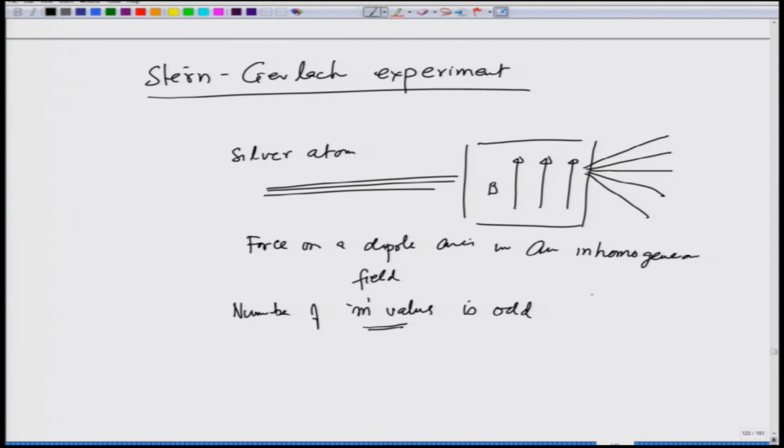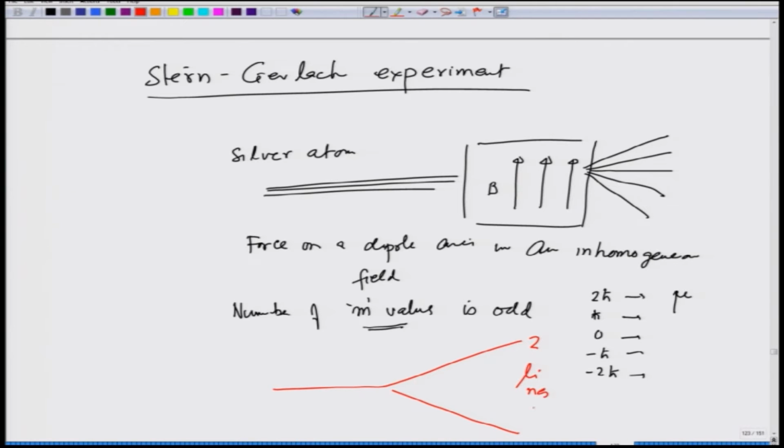These values differ: it could be 2 h cross, 0, minus h cross, minus 2 h cross, and the corresponding magnetic moment is also different, and therefore forces would be different. So, I would see an odd number of lines. What they got instead was 2 lines when the atoms came out. So, this was also at odds with whatever we had learnt.